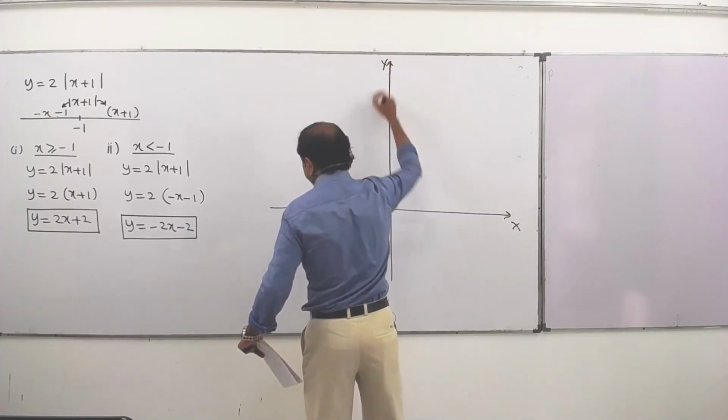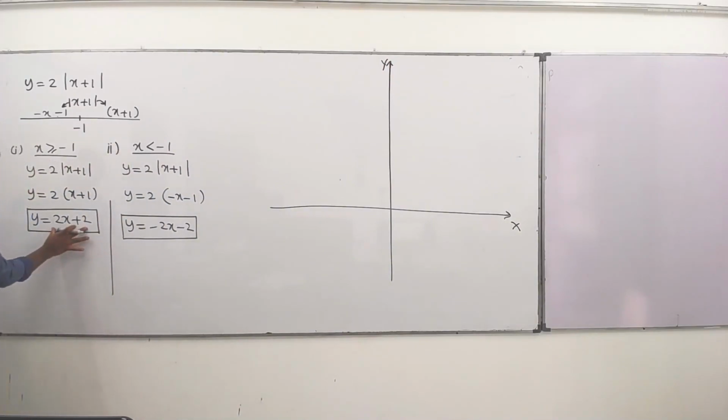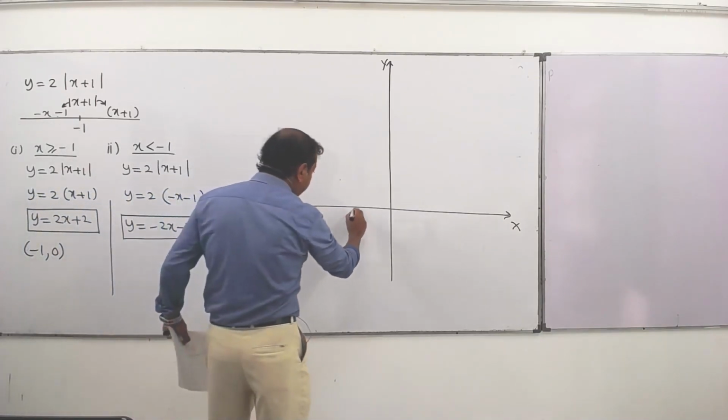Right. Okay. To draw this straight line, we need to find one point. I put x coordinate minus 1 here. When I put minus 1 here, minus 2 plus 2 is 0. One point is minus 1, 0. Minus 1, 0 point is supposed to be here.